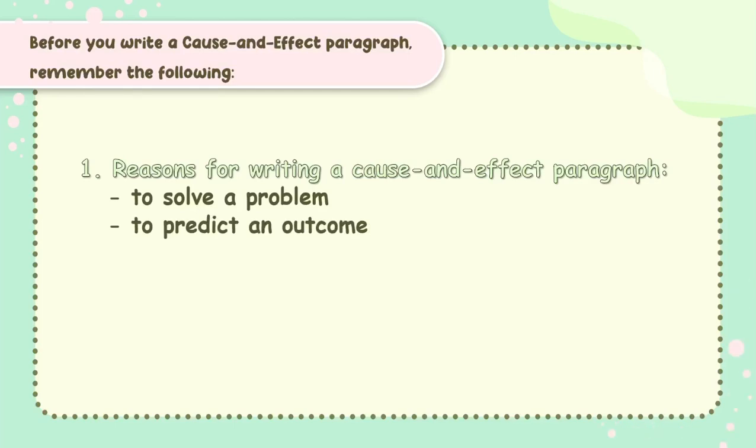The purpose can also be to predict an outcome, to infer what will be the effect, ano pa ang maaring kahinatnan ng global warming. Next, to understand a situation. You can write a cause and effect paragraph so that the reader can understand how serious the global warming is, how serious this problem is to our environment and to us people.